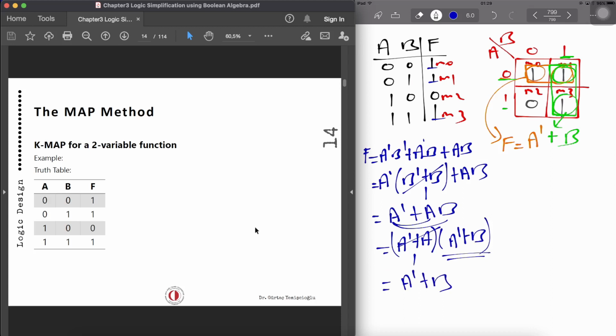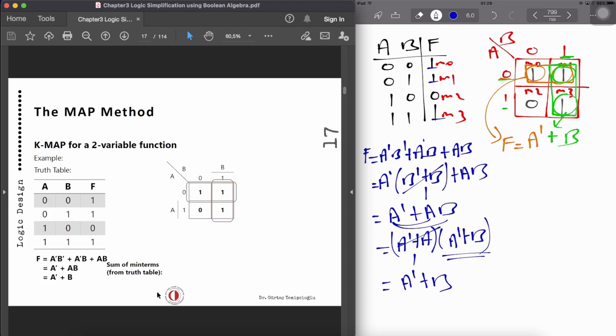Now, you can see that I have ended my solution with 4 steps, but with the K-map, it's just put everything in and find out what is not changing. So based on the sum of the minterms from the truth table, we can obtain, using algebraic manipulation, A prime plus B. And then we map it into a K-map.